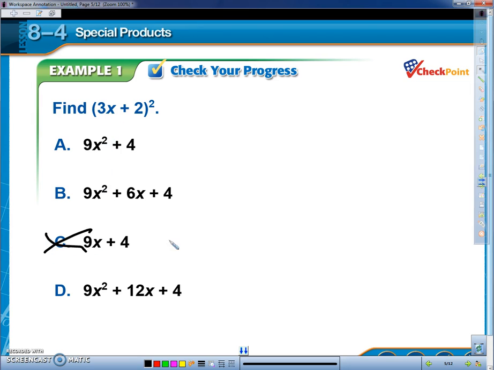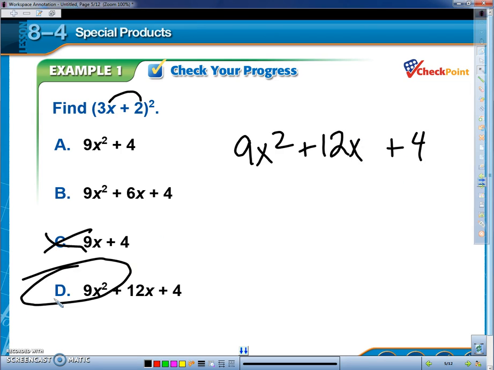Goodbye C. I know the last number is going to be plus 4 because 2 squared is 4. Now I need to multiply these two together and double it. 3x times 2 is 6x. 6x doubled is 12x. I look for that answer, and it's choice D.